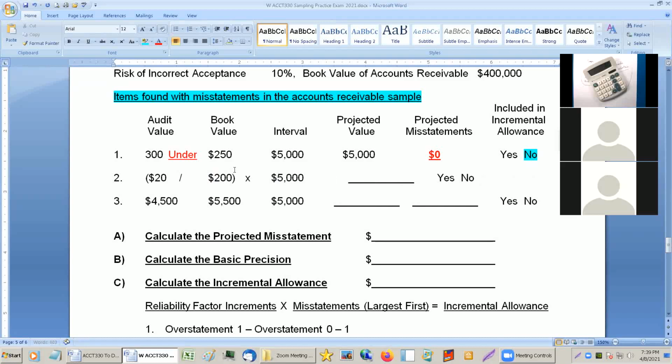Okay, so trying to divide by 200 times 5,000. What does that equal? So 20 divided by 200. All right, so 500.